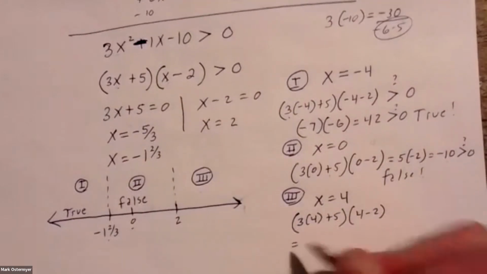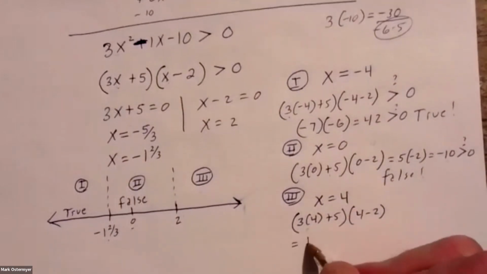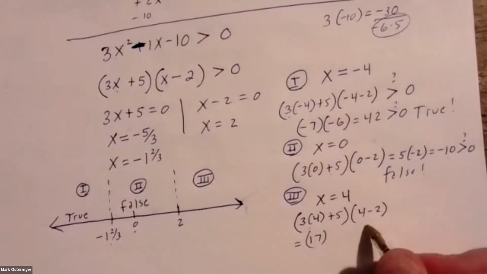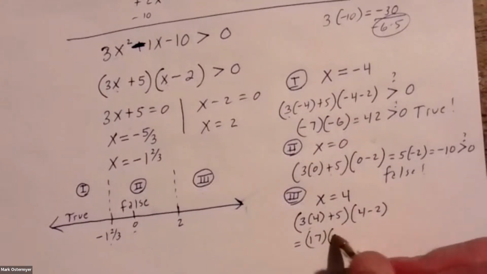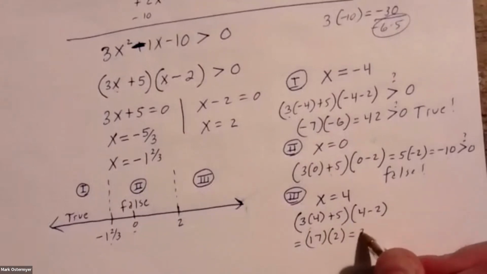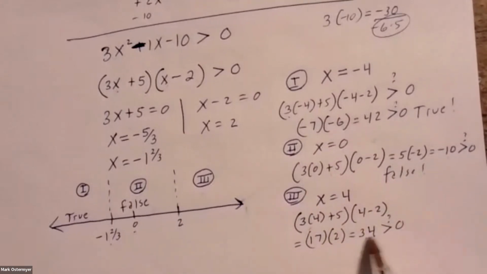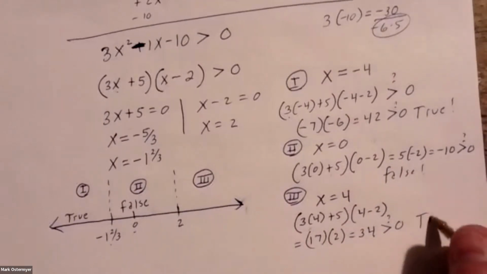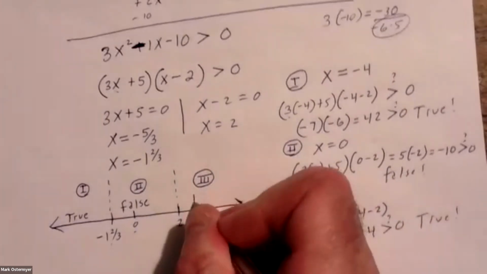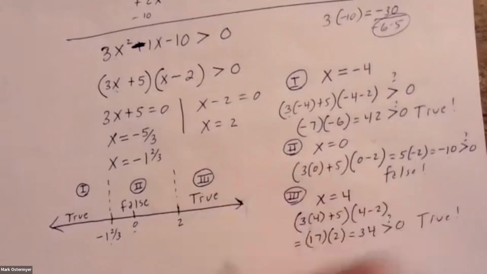And then we've got to evaluate this. This is going to be 12 plus 5, which is 17, and this is 4 minus 2, which is 2. 17 times 2 is 34. Is 34 greater than 0? That's true all day long. And so, yes, solutions will be coming from this interval.